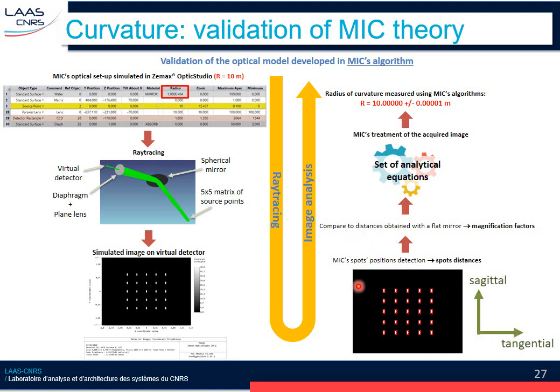If we compare this image with the image also simulated with this software, but with an infinite radius of curvature, that is with a flat surface, we can deduce from these spot distances magnification factors, which we can introduce in the set of analytical equations, and from which we can deduce the curvature or the radius of curvature, and we find back the curvature very precisely, the radius that we set in the system.